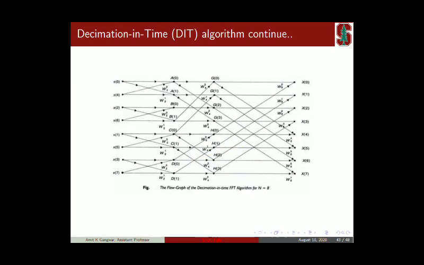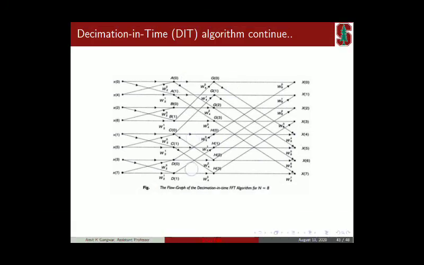You can see in the next slide, a0 is x0 and x4. So it is symmetrical. If you understand how we get x0 to x7 from g and h, similarly we get g and h from a, b, c, d, and similarly we get a, b, c, d from x0, x4 and so on.